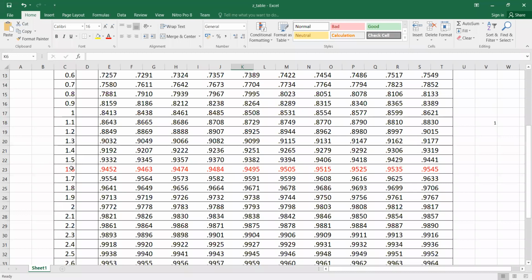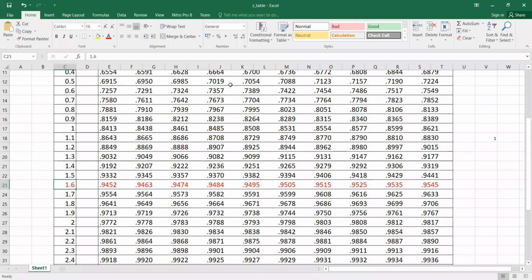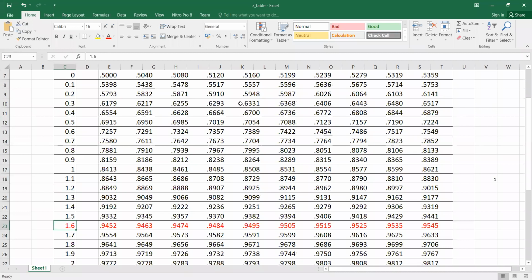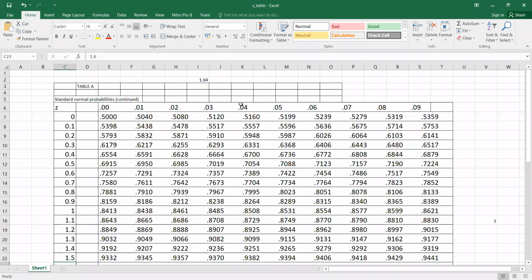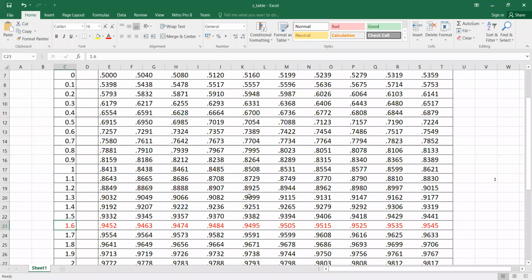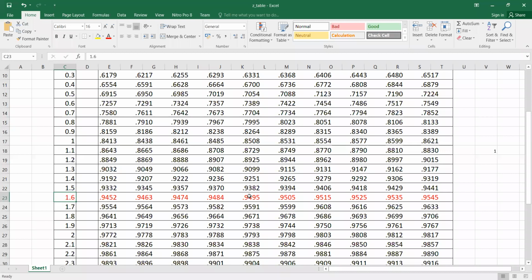So you read off the value on the extreme left, which will be 1.6. Then you add the value on the top. If you look at your tables, it's very clear. You'll see the two corresponding values where this value intersects are 1.64. Any question?